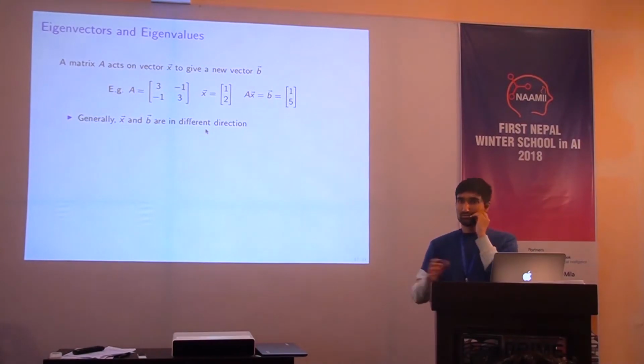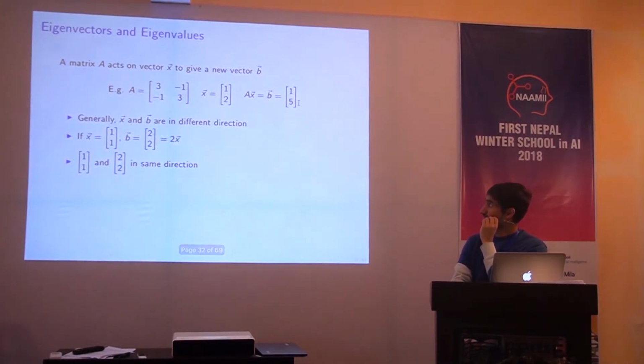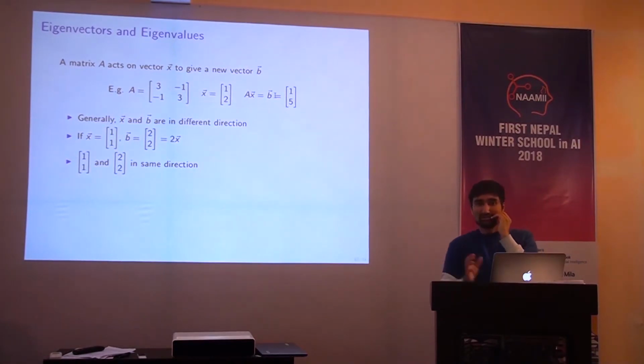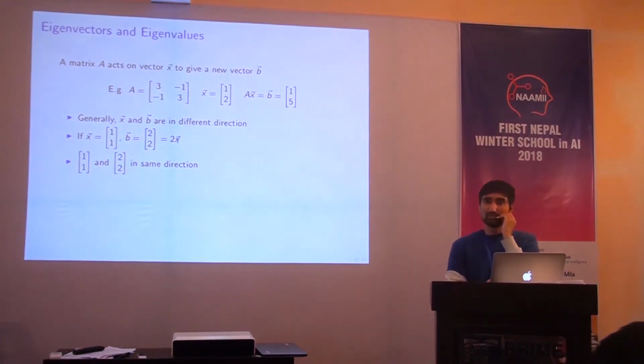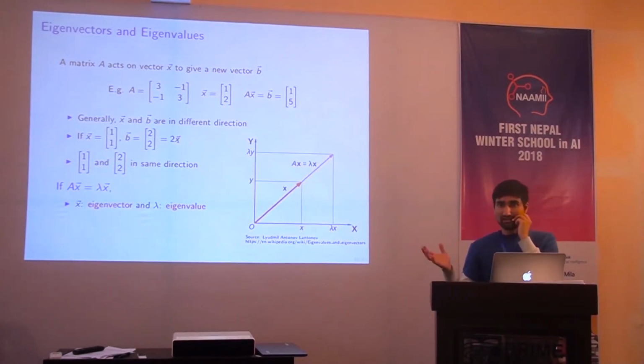You map an input vector x and you get something that is b. Generally, the input x and the output b can be in different directions. But there are cases where you get the same direction when you scale the input just by a scalar. And this is what an eigenvector is.